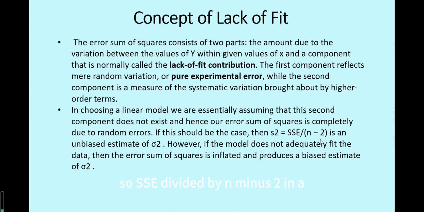So SSE divided by n minus 2 in a correct model is the same as S square, which is a pure random error item. So these two will be equal. And SSE divided by n minus 2 will be an unbiased estimate of sigma square, which is the model's error term. But if the model is not correct, if we omit some second power terms or third power terms, then this equality is not correct.